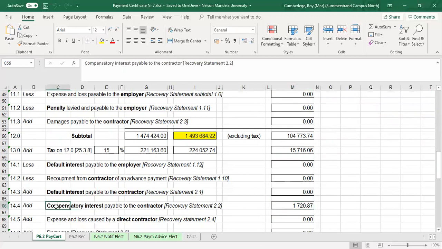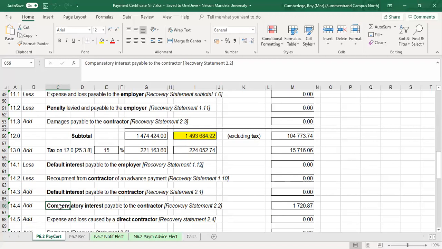Now, if you go to the JBCC document, the principal agreement, under definitions, you can find the explanation for compensatory interest. That is the interest from practical completion up to payment of the final certificate. And that's a straight calculation. There is almost no penalty attached to that.